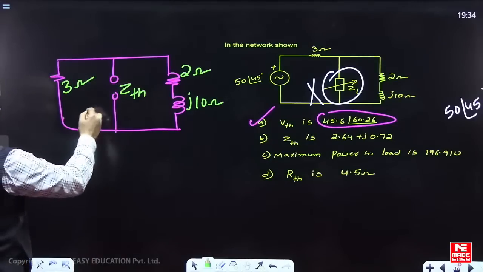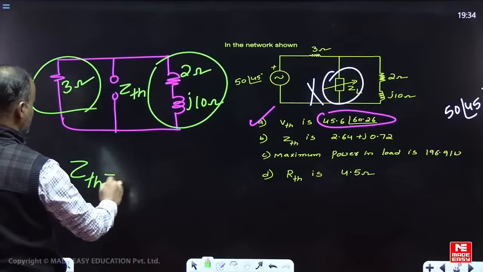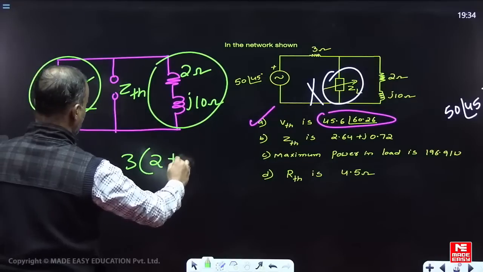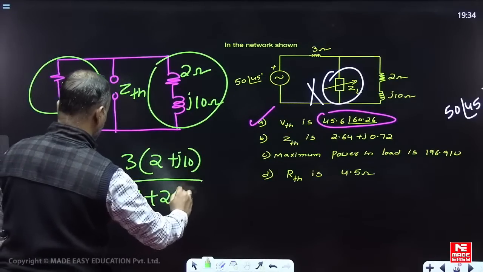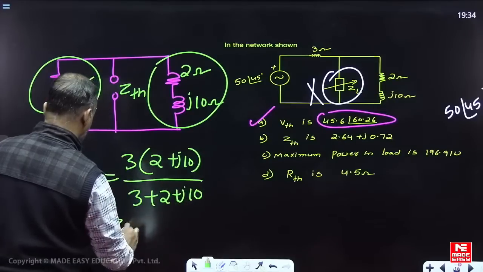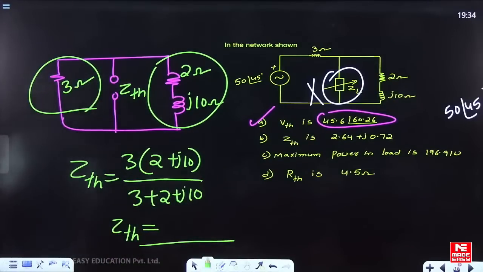Now with respect to these 2 points, branch 1 and branch 2 are both in parallel, can you find out the equivalent impedance? 2 plus j10, simplify, by simplifying find out the ZTH value.